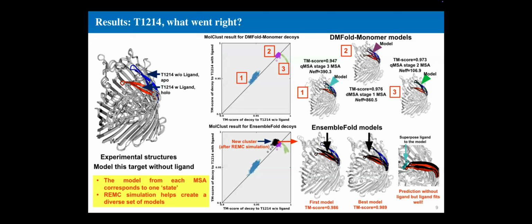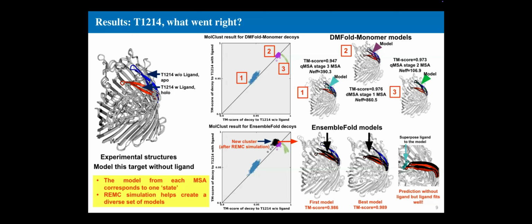And after we feed those DMFold models to the REMC simulation, we can find a new cluster of decoys appears here. If we check the decoys and their final models, we can see this final model is much closer to the holotype compared with those models from DMFold.